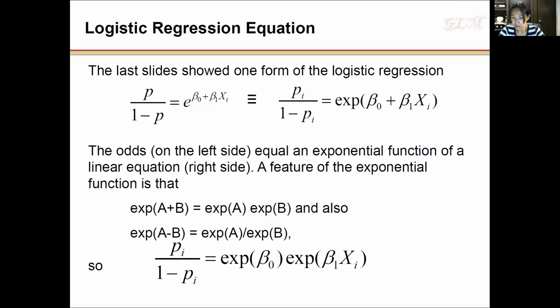All right. Once you get this one here, inside the parentheses you have addition. If they are getting out of the parentheses, it becomes multiplication. So this is the y-intercept, and this is the slope part, okay?